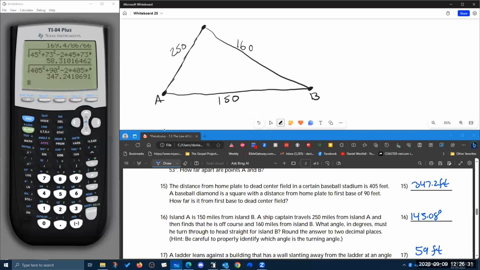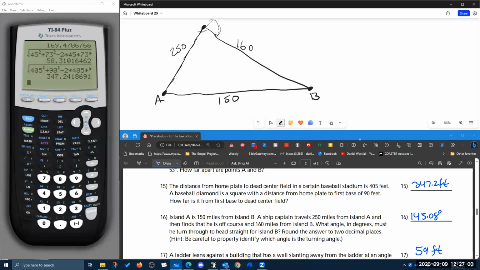So our angle here is going to be really big. It should be an obtuse angle. Just to let you know, he's going to have to turn more than 90 degrees. So make sure you get the right angle here, because you could be getting the little angle here and you need the big angle that he needs for the course correction.